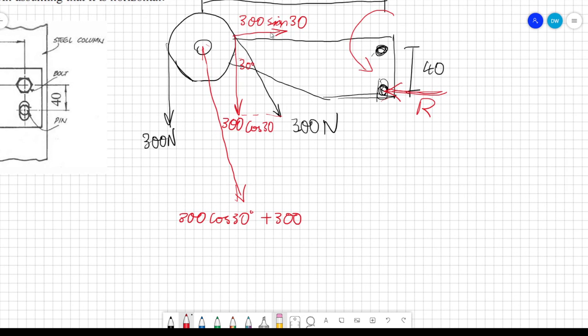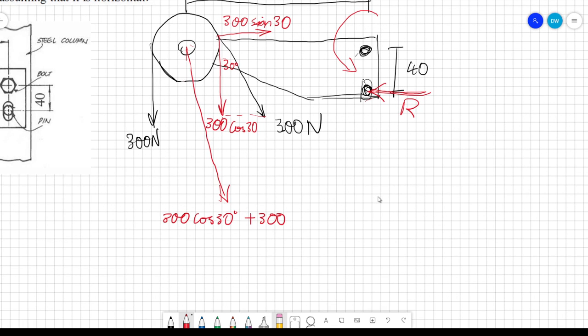And in the horizontal direction, there's only one, because this force goes straight down, so it doesn't have any effect horizontally. So what we have is 300 sine 30. Of course, I'm sure you can tell where this is heading, because if we want to find the resultant force R, it's the same.